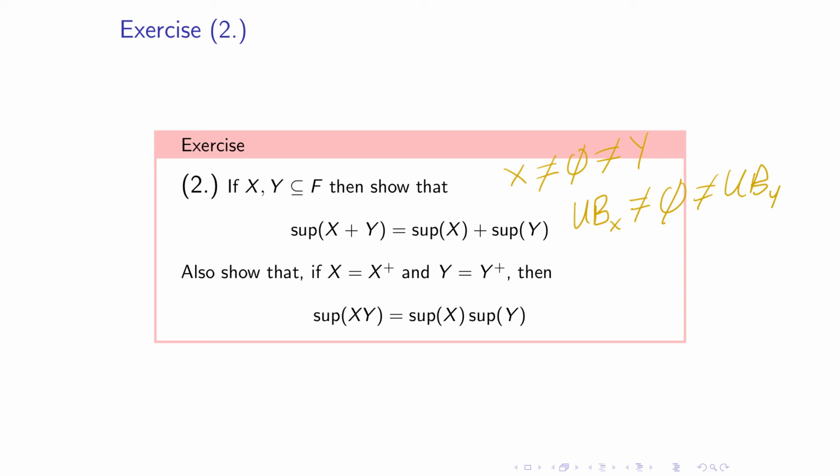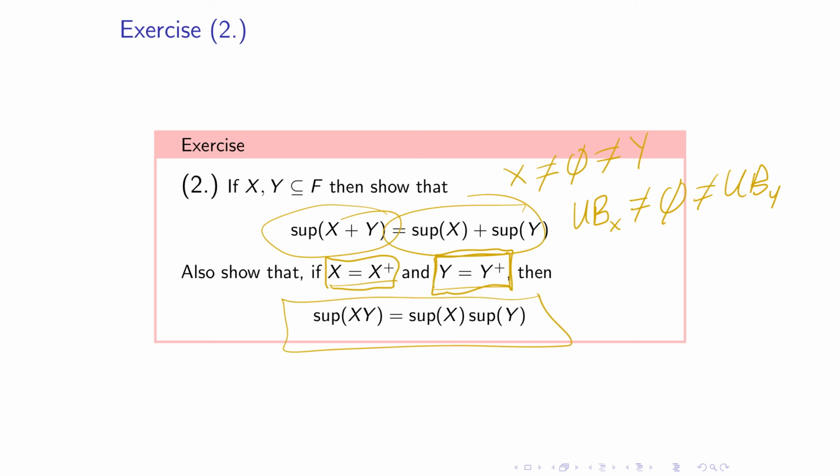Assuming that, then sup(X plus Y) is always sup X plus sup Y. But in the case where we assume that they are sets of positive numbers, so X contains no non-positive number and Y contains no non-positive number, under that assumption we can say that sup(XY) is equal to sup X times sup Y. And that's the last exercise in this set.